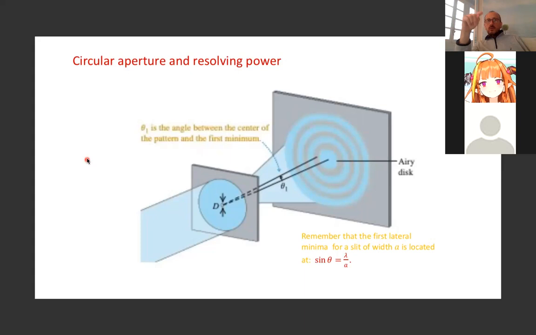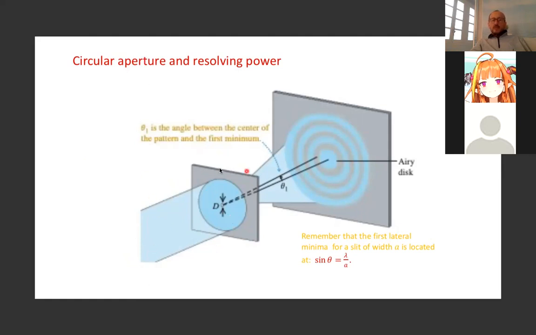You have a central maximum in the middle, and then you have lateral minima, and you have this sine x divided by x dependence as a function of the distance on the screen.